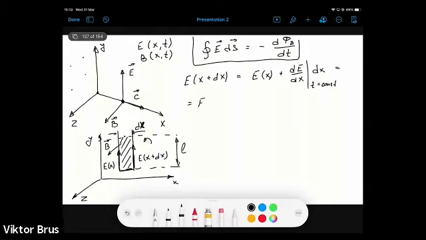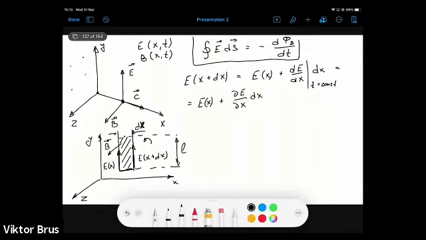It will be Ex plus, sorry, now we have the partial derivative, it will be ∂E over ∂x times dx.